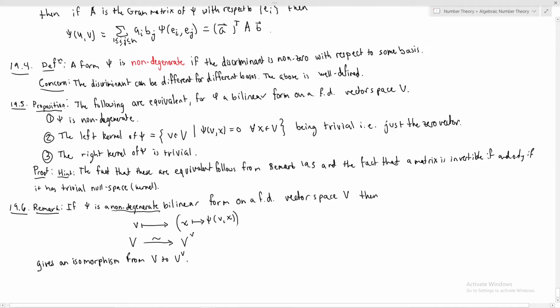Okay. If you've taken an advanced linear algebra class, you've probably seen something like this before. And if you've taken any functional analysis, you should think of the Riesz representation theorem from functional analysis as some big generalization of this fact.